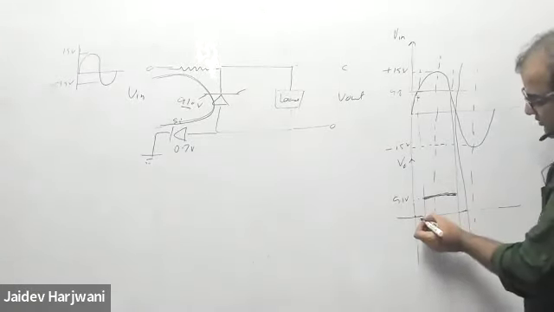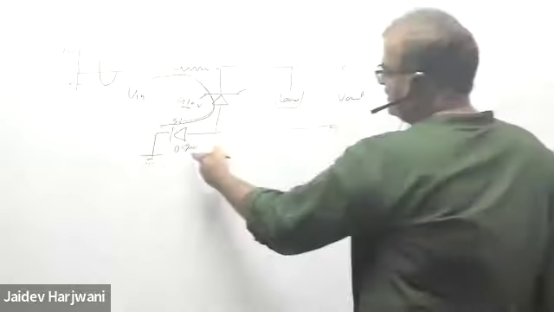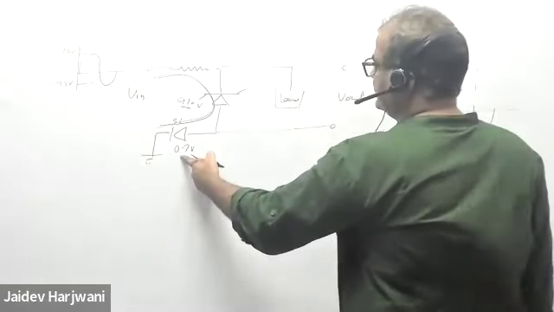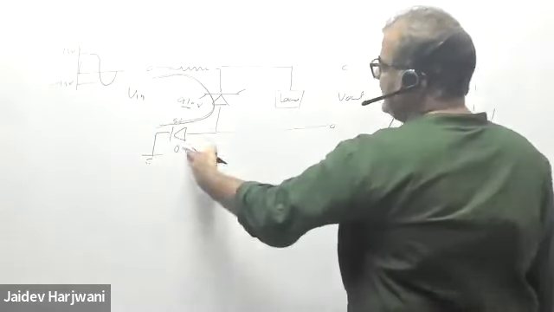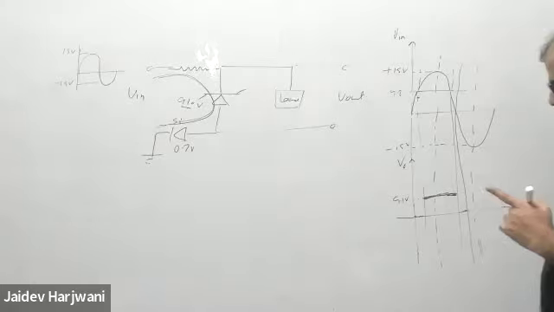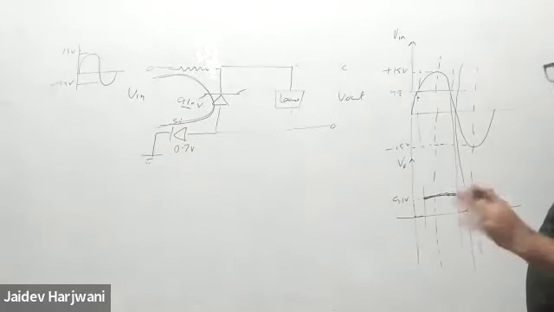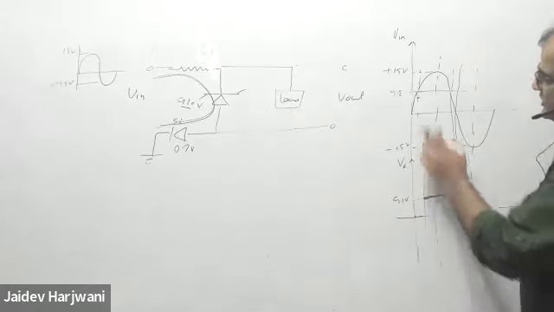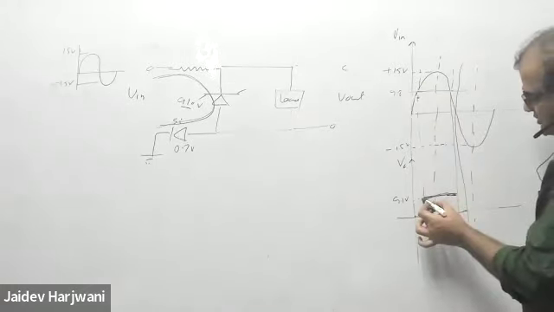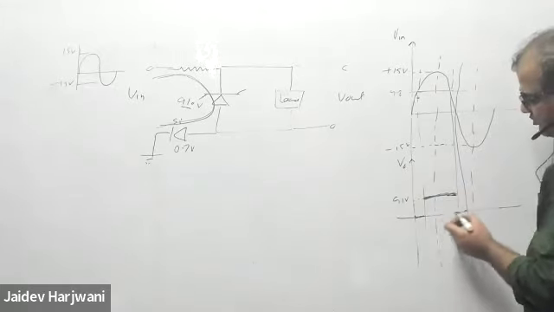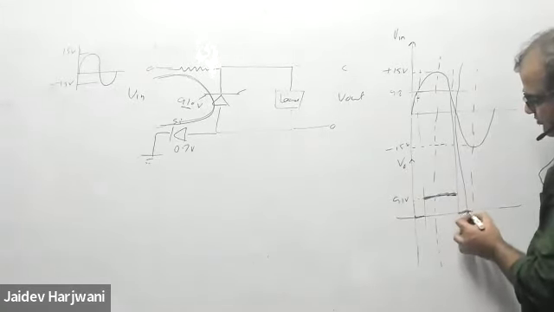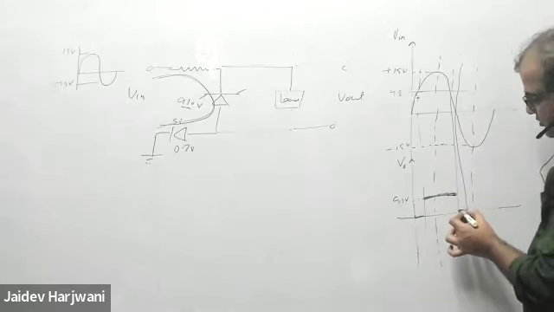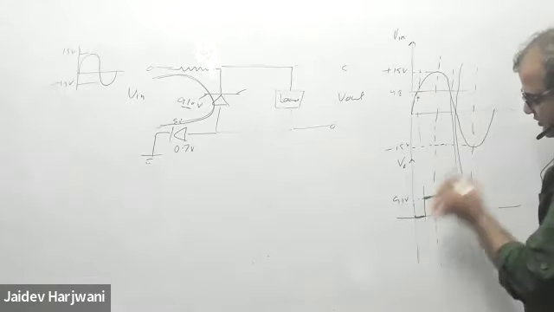Once this is conducting, input minus 9.7 should come here. But in the option they asked us qualitatively, so for this part you can take constant values, and here you can take 0 values.